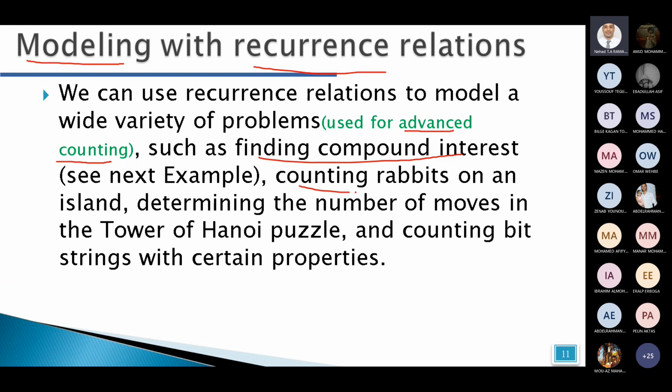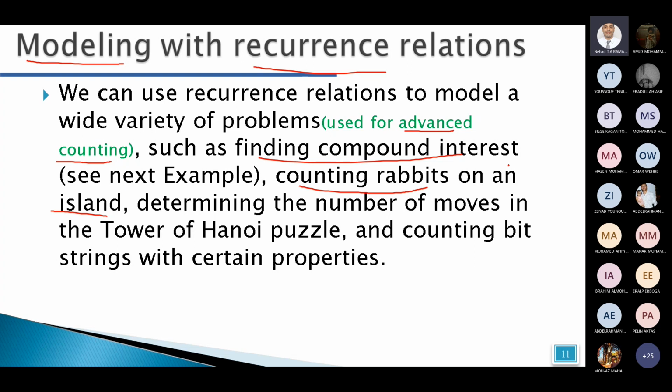Counting rabbits on an island is actually a real life problem, a real case study for the recurrence relation. There's one island, I don't know its name, that has a problem with rabbits.